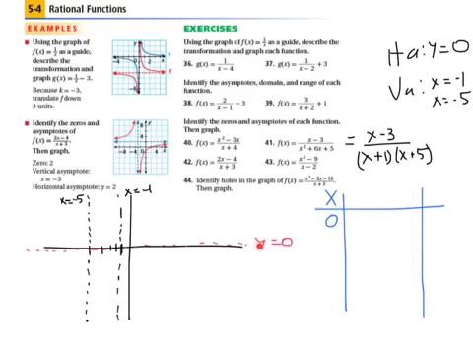So, back to the graph here. If I plug in 0 to my original function, I'm going to end up with negative 3/5 as my y value. So at 0, we're at negative 3/5. Maybe I'll plug in x equals 1. So I get another good image.